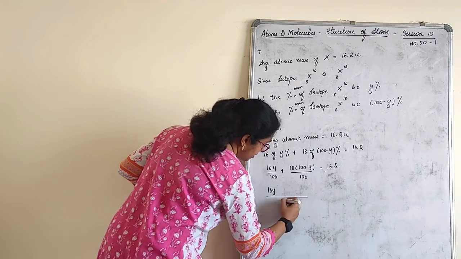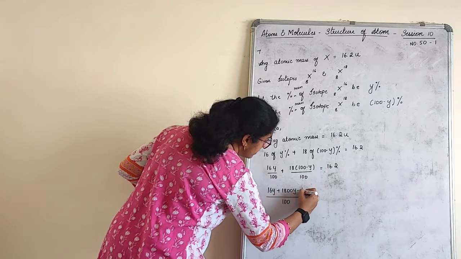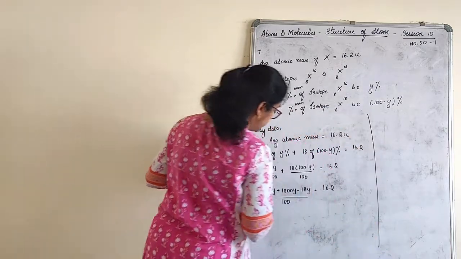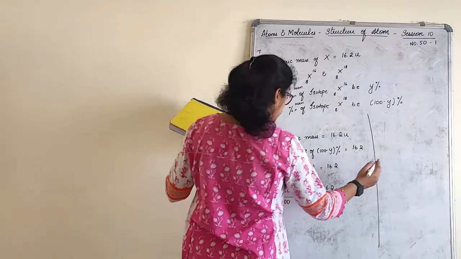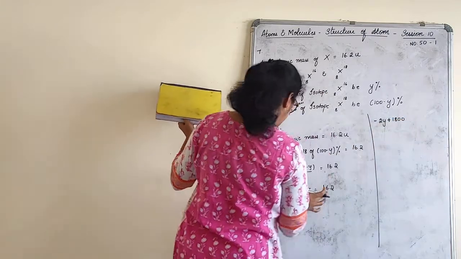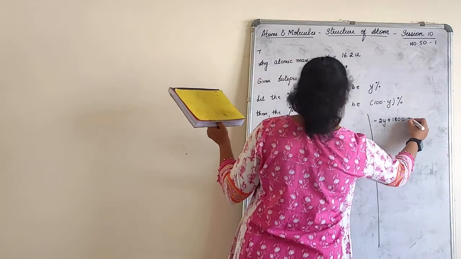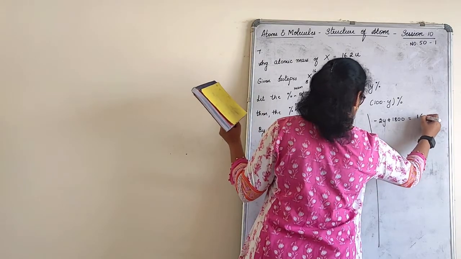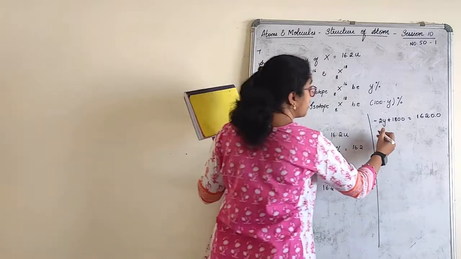Denominator will be 100 only, so 16y plus 1800 minus 18y is equal to 16.2. 16 minus 18 will be minus 2y, plus 18 into 100 is 1800, is equal to 16.2 times 100, that is 1620.